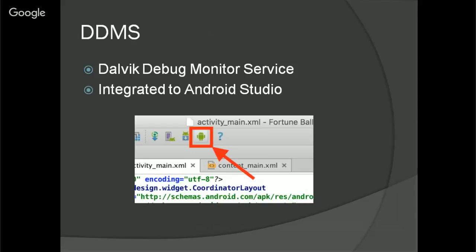So this DDMS is integrated inside of your Android Studio, so it will be an easier task for you to actually simulate your operating system, your computer system, with the Android system. With the help of DDMS, you can see how your project will be executed on most of the Android devices inside of your Windows, Mac, or Linux.